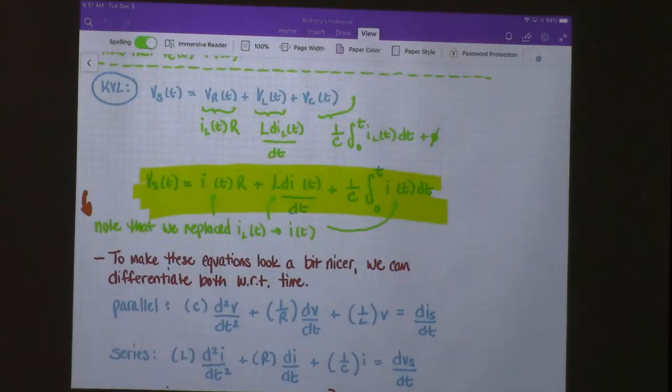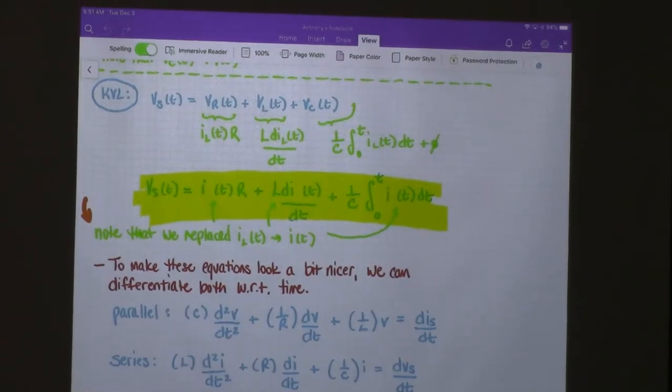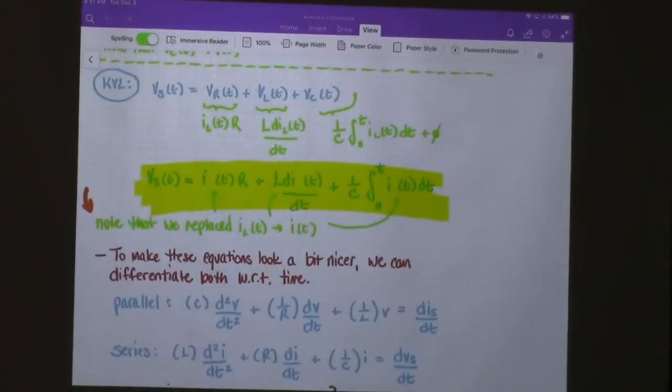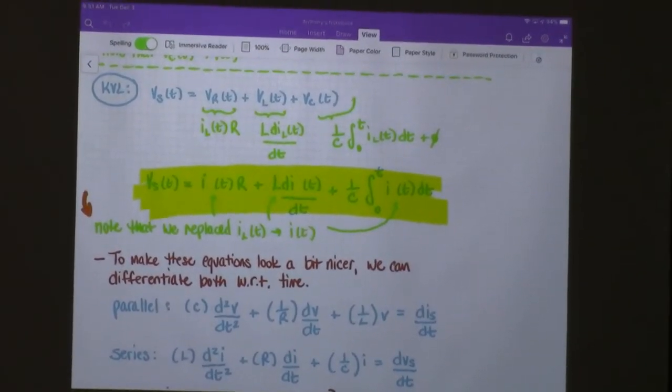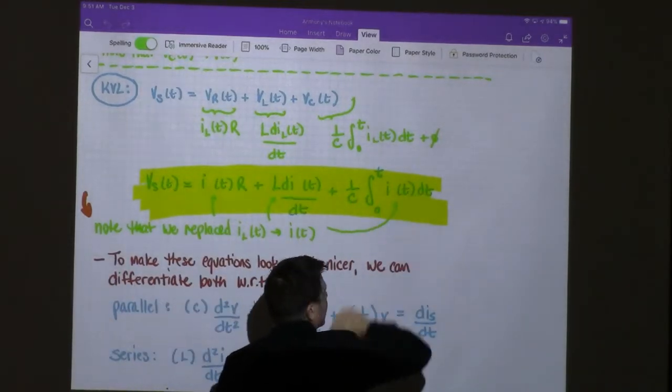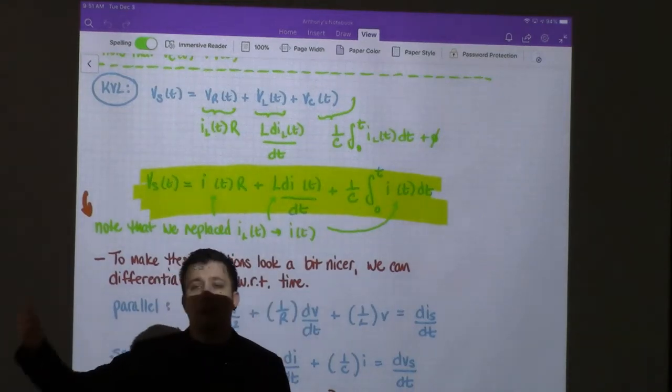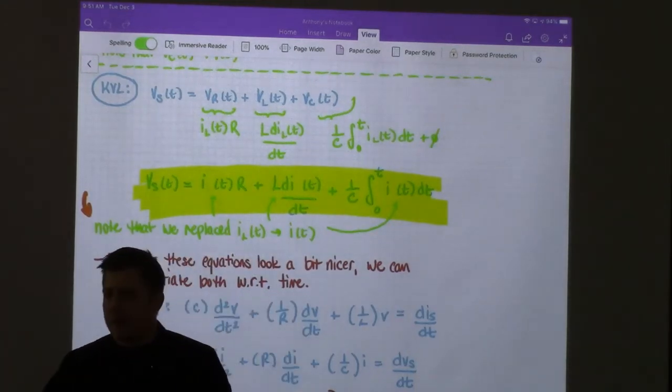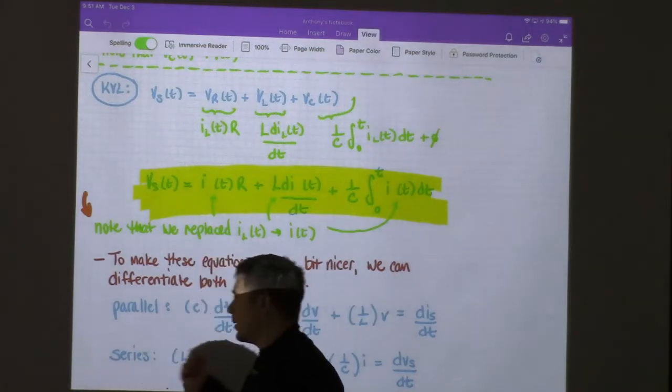So to try to make these look a little bit nicer and to meet the form that is generally used for these types of differential equations, we're going to take the derivative of both sides of the expression. What ends up happening is that our integrals will become just the base function. The derivative of this term right here will leave us with 1 over C times I of t. The derivative of an integral, if they're with respect to the same variable, just gets rid of the integral.